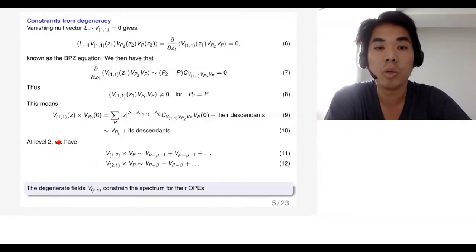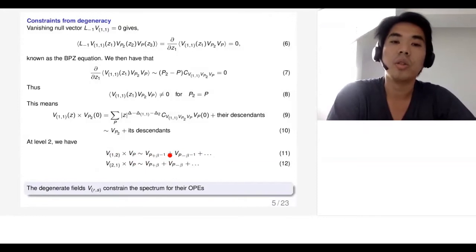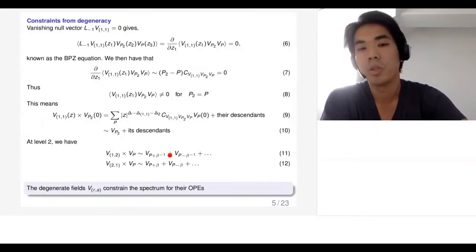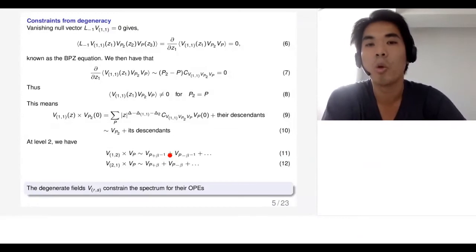For instance, at level 2, we obtain this simple degenerate OPE here, where I only write the primaries, and dot dot dot here means the descendants of these two. And so these degenerate OPEs would come in handy when we discuss the conformal blocks for our logarithmic representation. But first, let us see what LogCFT and log representations are.